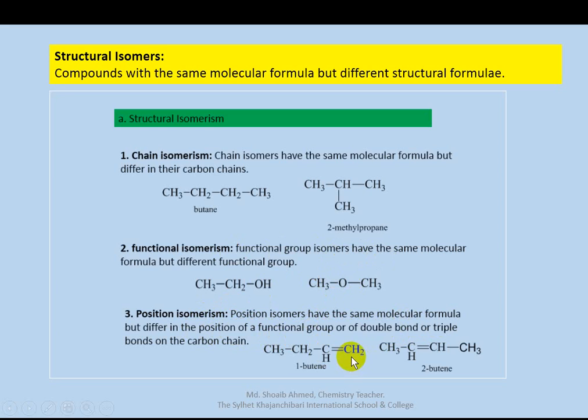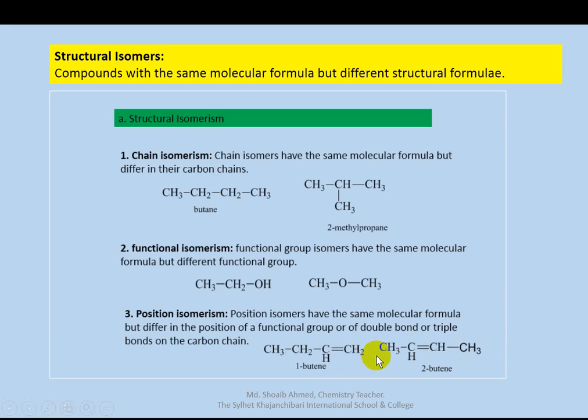Like here the double bond position is 1. This is 1-butene. This one, the position of the double bond is 2. This is 2-butene. But the molecular formula is the same. Count: 4 carbon, and hydrogen 3, 5, 6, 8 hydrogen. 4 carbon, 3, 3, 6 and 8 hydrogen.